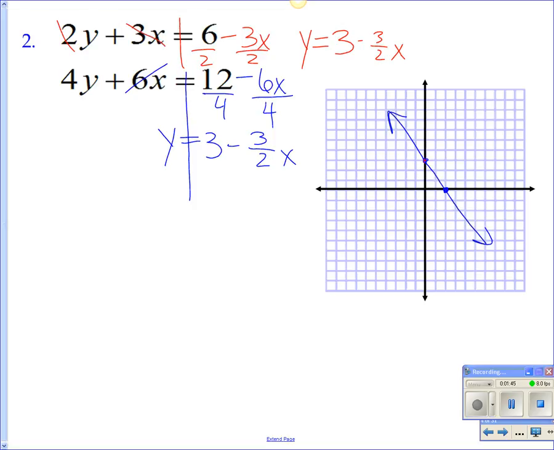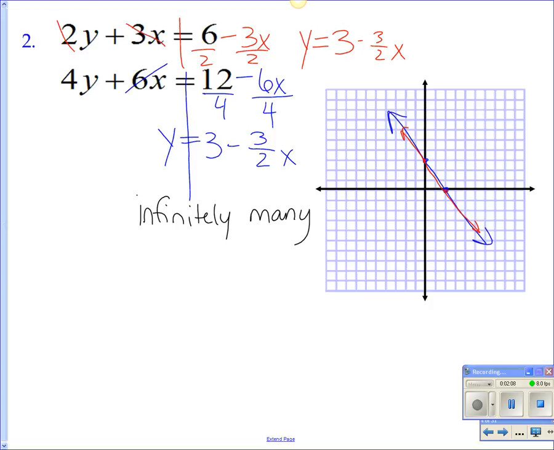Yep. These are the exact same line. How many times do these cross? Exactly right. It's infinitely many. Infinity means forever.